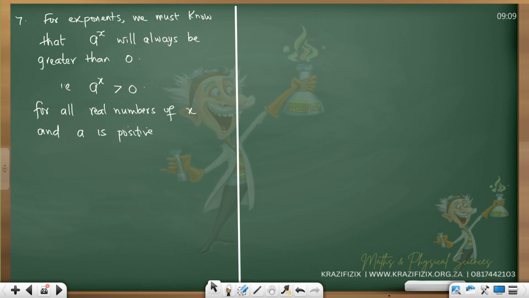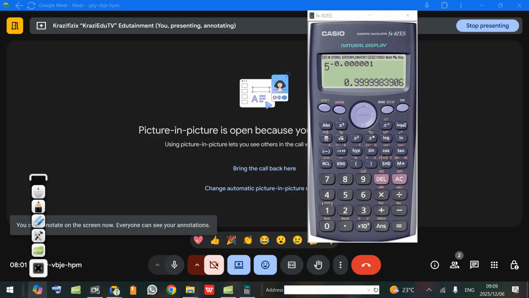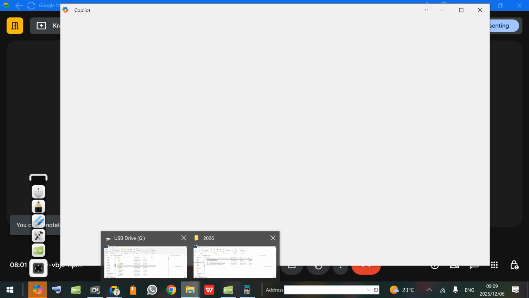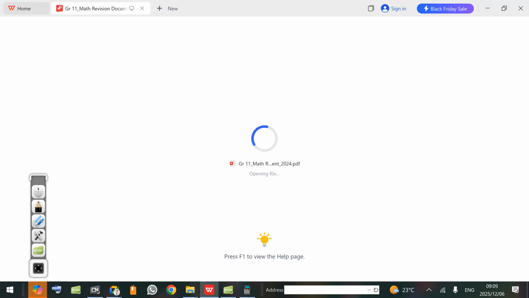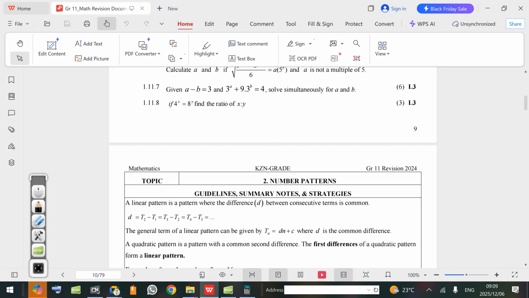Activity time now. Activity time. Let me get my folders quickly. Let's pick some from a grade 11 document, and then we pick the rest from a grade 12 document. All right, aim is 20.